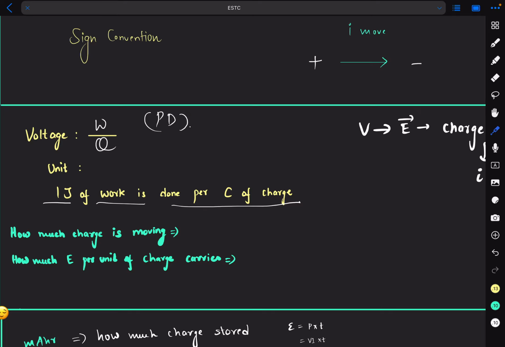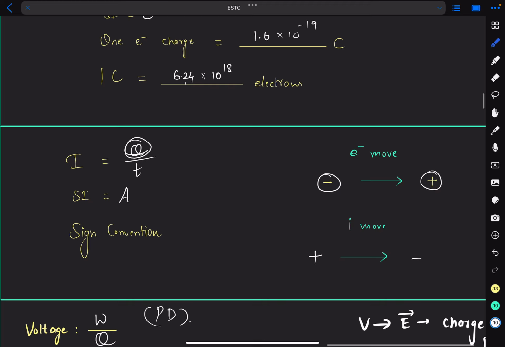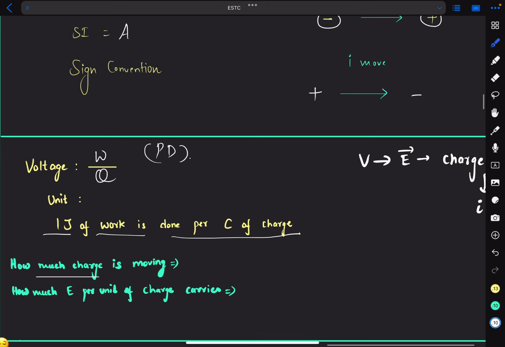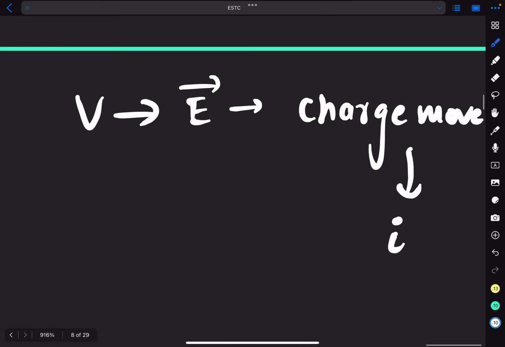This is very basic. How much charge is moving per unit time is said by current, whereas how much energy per unit of charge it carries, like 1 joule, is said by voltage. Now understand this very clearly. Voltage does not actually create or cause current.